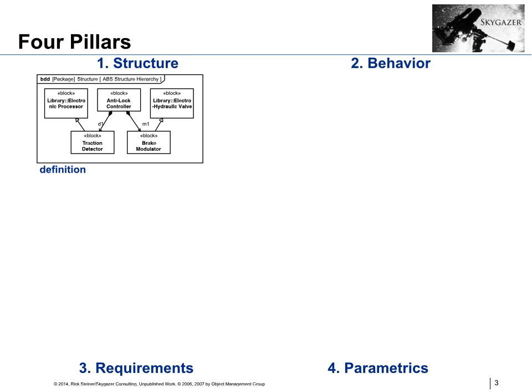SysML addresses structure in two basic ways. The atomic unit of structure in SysML is called a block. A block is different than a class in UML, as it has some extensions to it, but really is meant to represent something that you would specify in your system that would actually provide some value to that system.